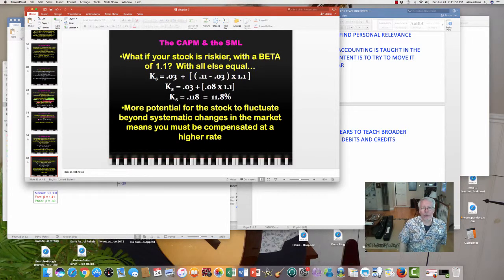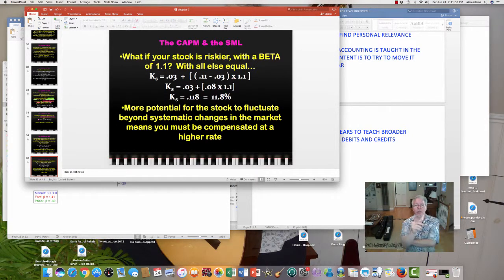All right, now let's look at a stock with a beta of 1.1. Now, go no further at this point. We know if the stock's beta is 1.1, it's riskier, it's more volatile, therefore riskier than the market. So if the market is 11%, we kept that data the same, that means that when you solve for this equation, you'd better get something greater than 11% or you made a mistake. So intuitively, we can almost check ourselves.